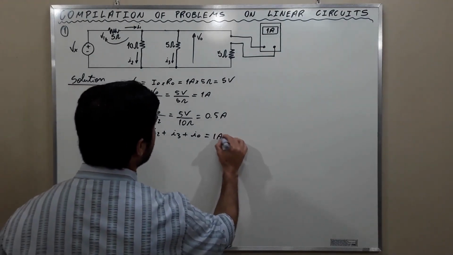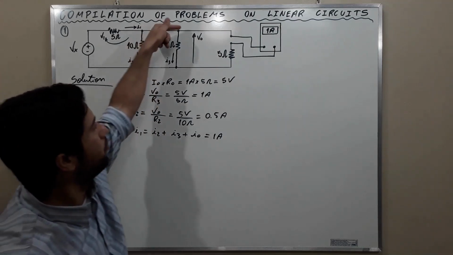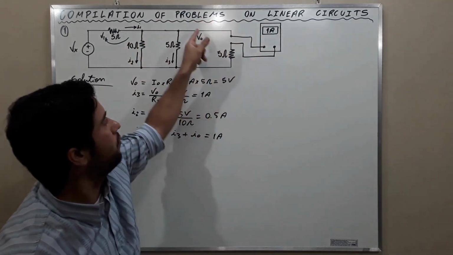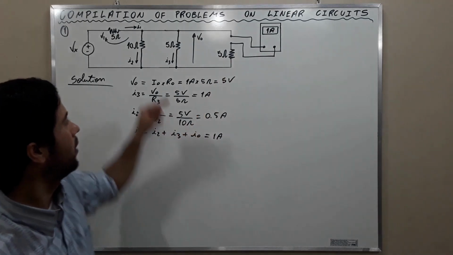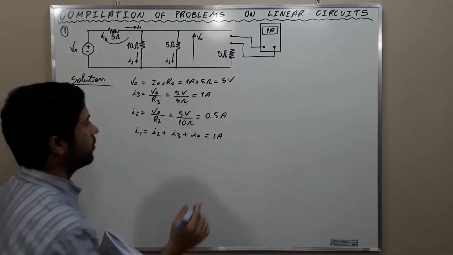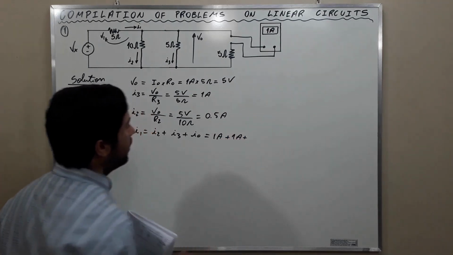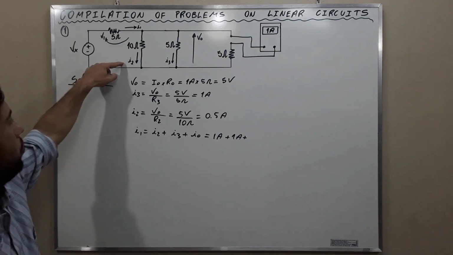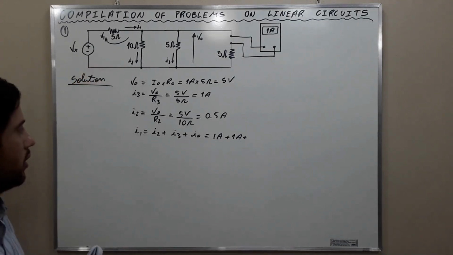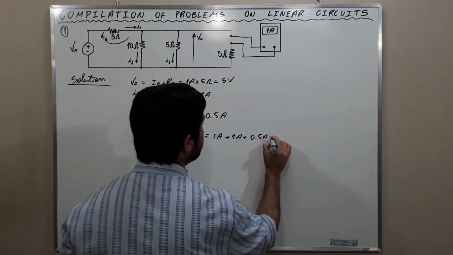1 amp. Okay? The multimeter is displaying the value of the current that flows here. This current here we calculated and we found 1 amp, and I2 we calculated and we found 0.5 amps.